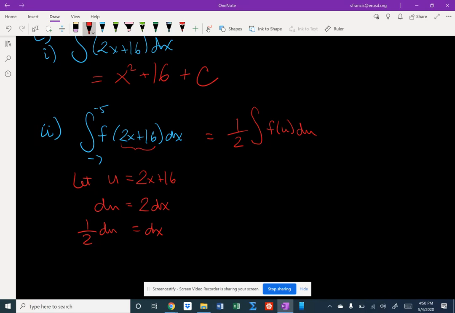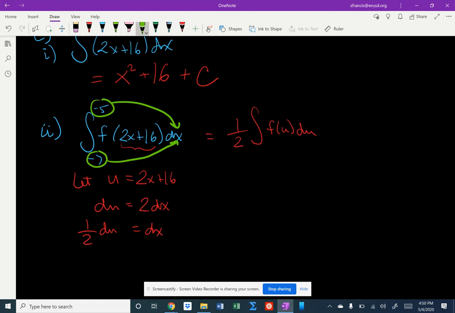Now, also remember that our limits of integration in the original integral here are x values because of that variable right over there. That tells you that we're dealing with x values. So what we want to do is rewrite this so that over here we have u values in my upper and lower limits of integration.